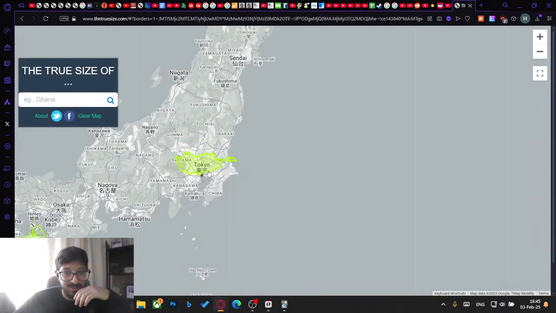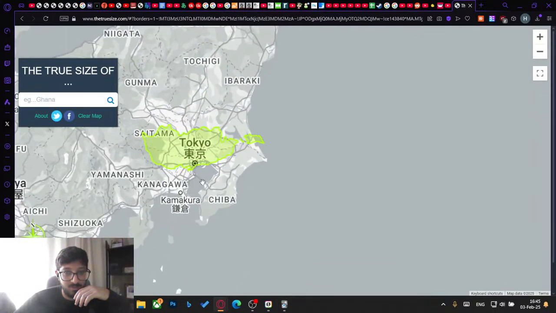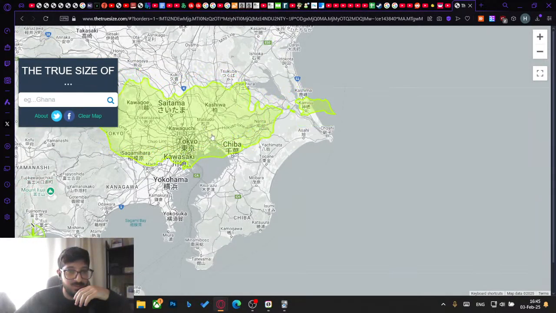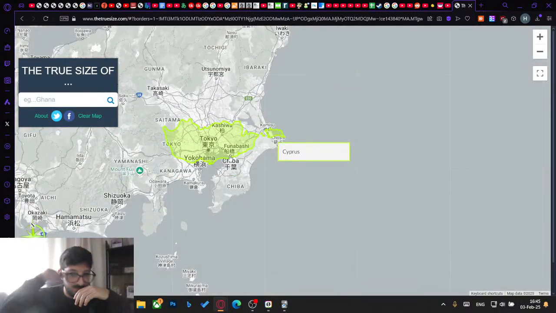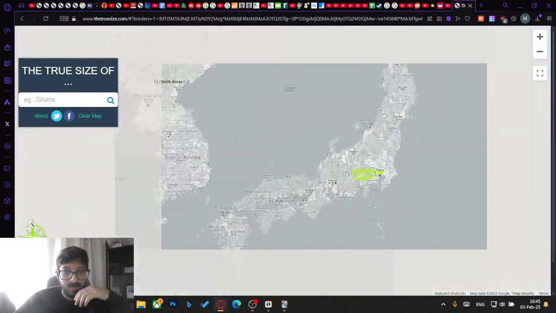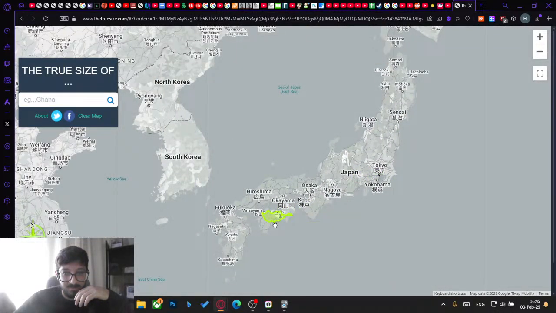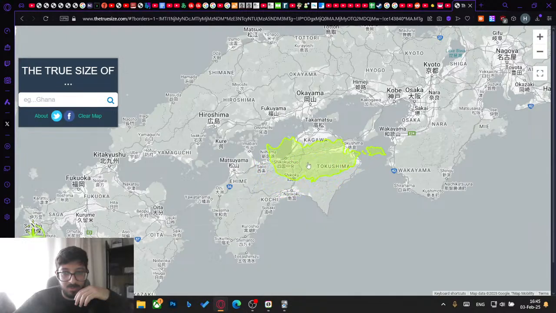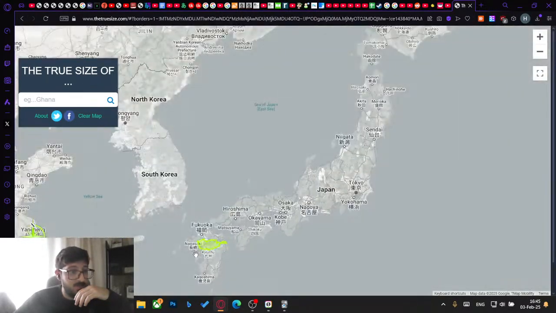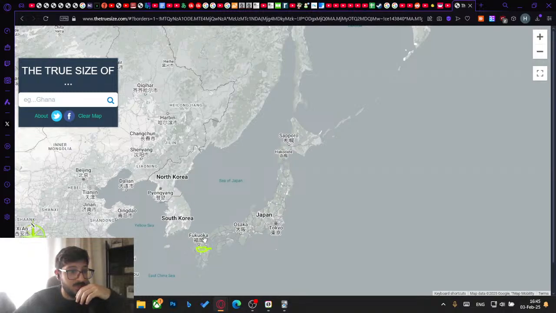It's smaller than Tokyo. No, it's as big as Tokyo. Okay. That's good. It's as big as Tokyo. And this is just the half of the country. Okay, it's like Tsukushima, Fukuoka. But it's very small. Why would it be cut in half?